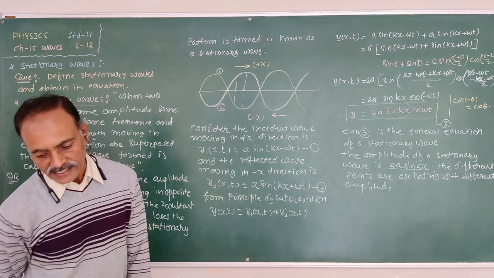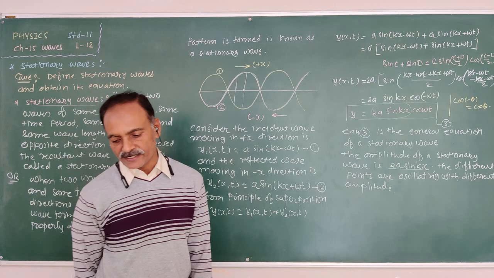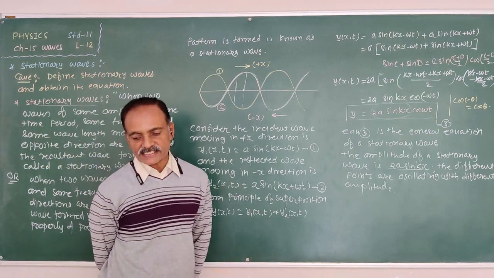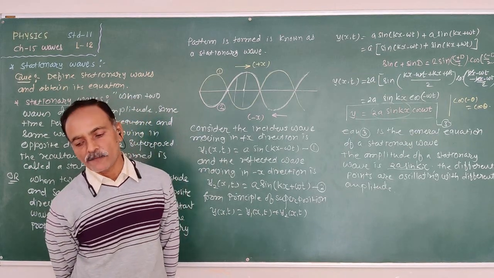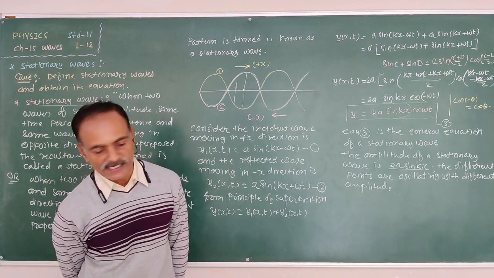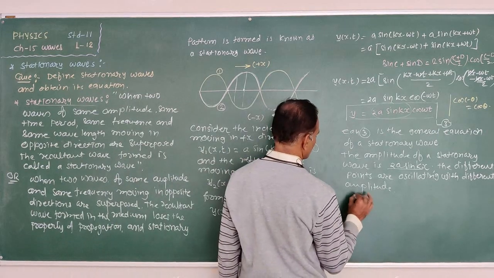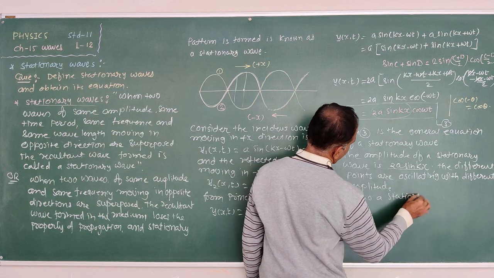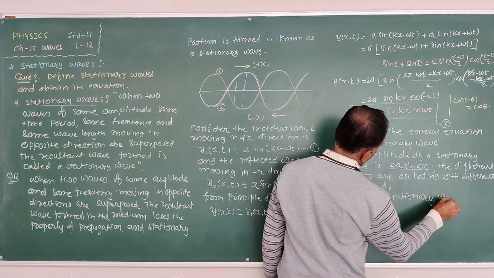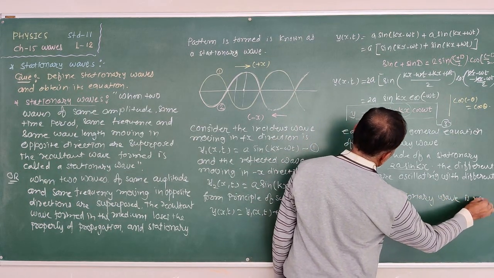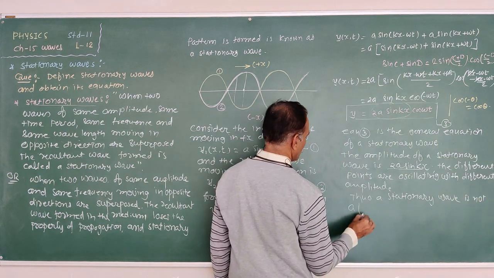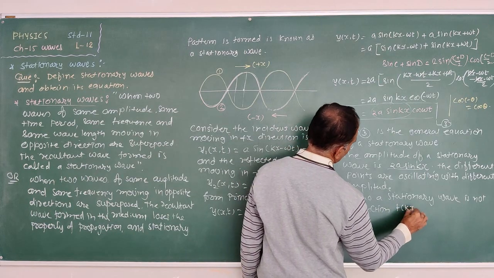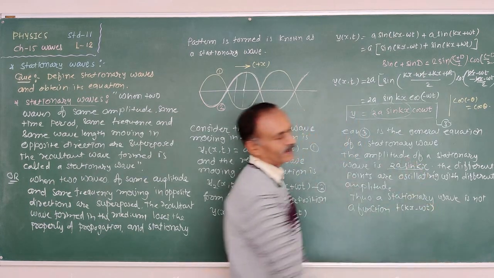Right? Kx and omega t are separate. Therefore, the stationary wave is not a function of f(kx minus omega t).